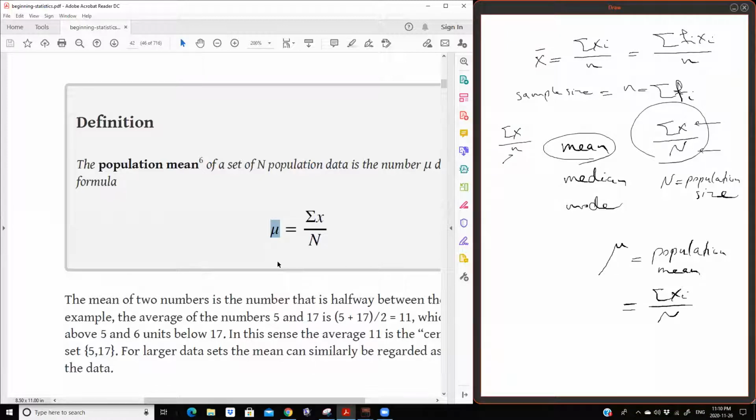But if you have the measurement for every individual in the population, you will be able to calculate your population mean, which is a parameter. Yes? If you remember, we said that a feature of the population is called a parameter. We're good? Questions?